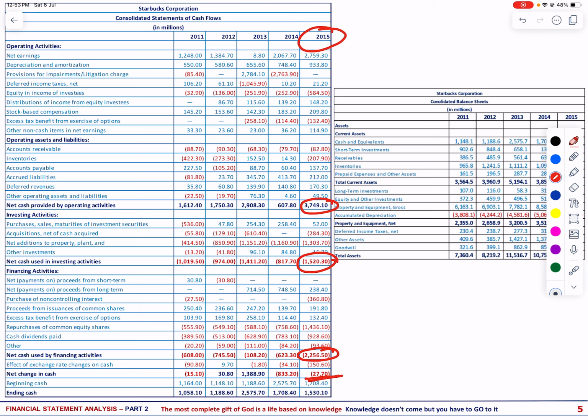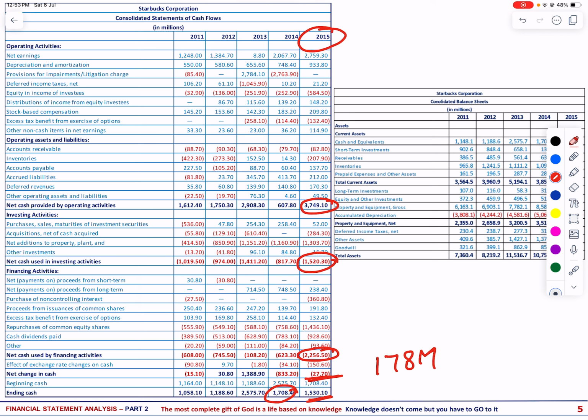Despite this, their cash and cash equivalents decreased from 1,708 to 1,530, so a decrease of 178 million.